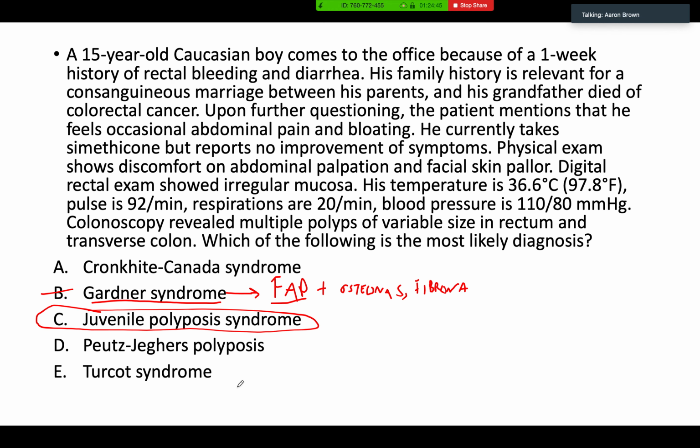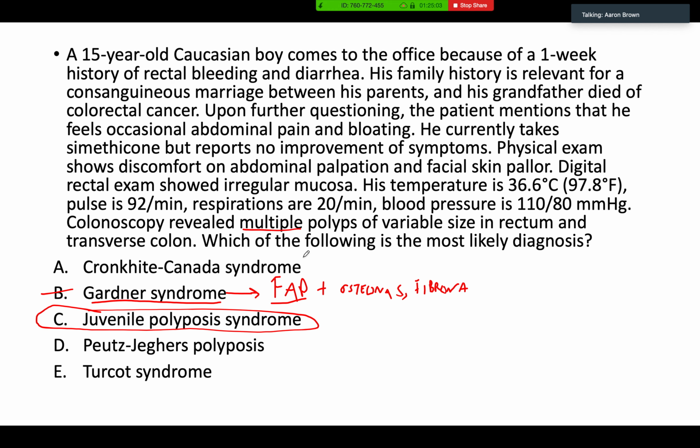No, no, no, don't doubt it. You made the right choice here, and you're right. It does have to do with the polyps. And so in FAP, you see hundreds to thousands of polyps. Hundreds to thousands. This patient had multiple, yes.